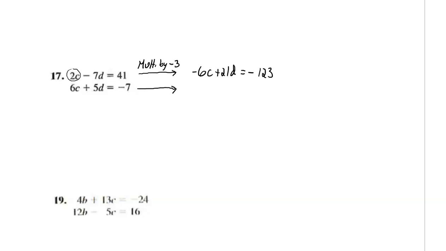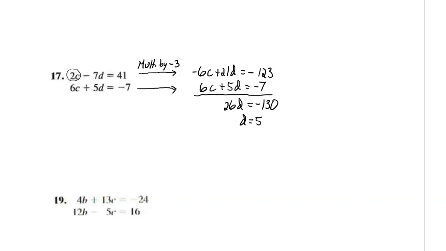Rewrite the second equation with no changes. And now add together. And divide by 26 on both sides. D is equal to 5. Now substitute into either of the original equations.